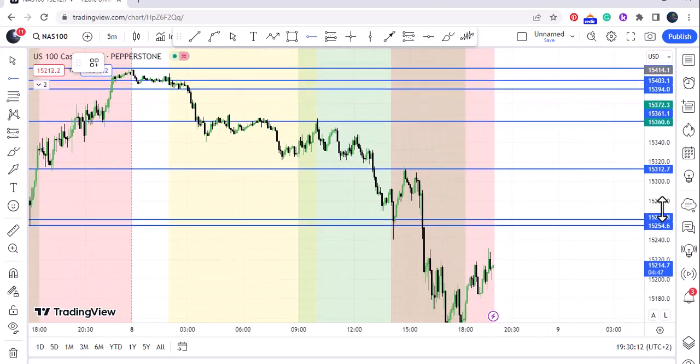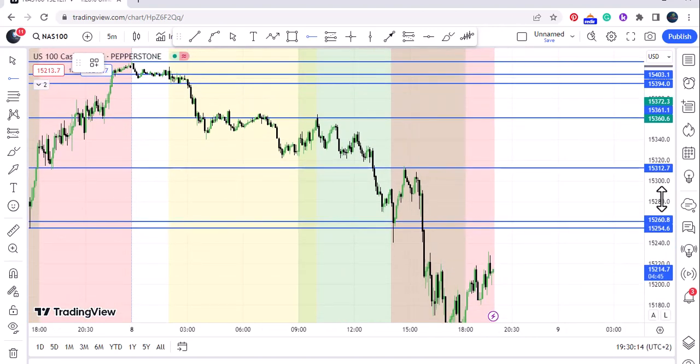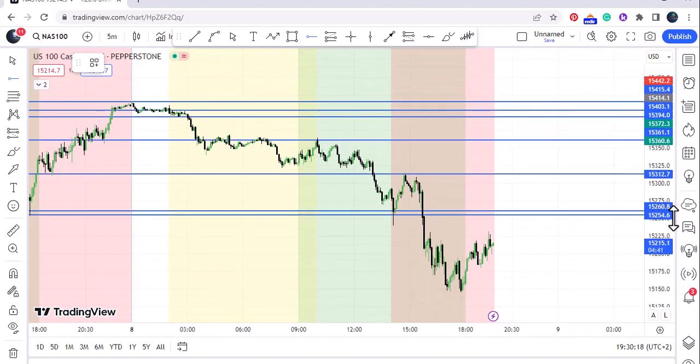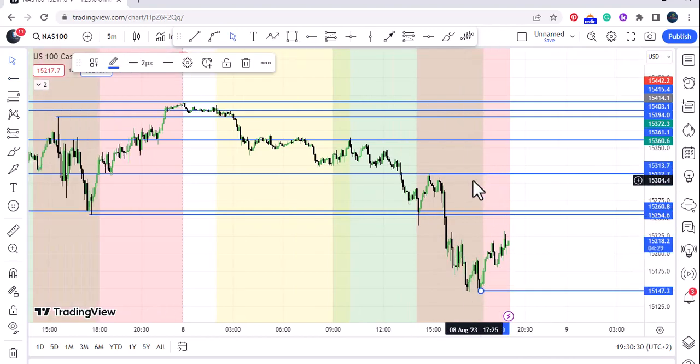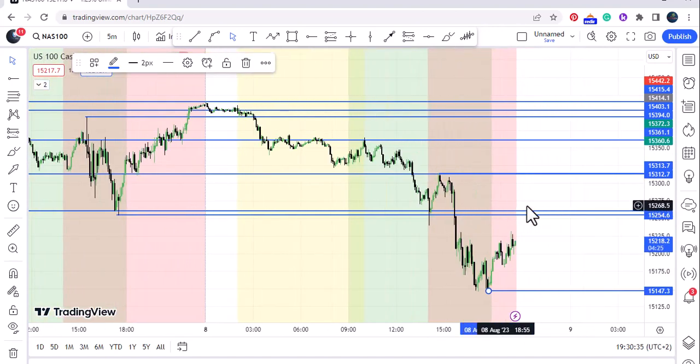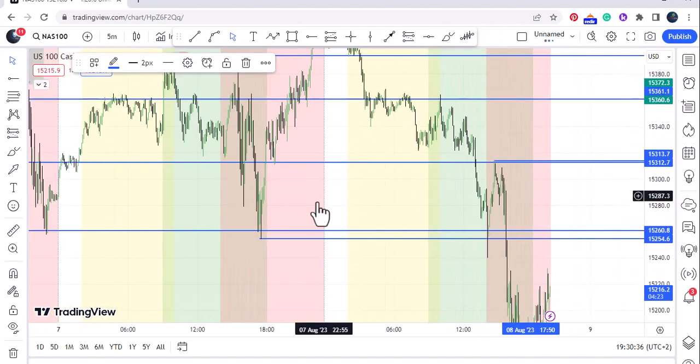The time on my end is 7:30 right now, so price is actually in motion, and it did not break either the high or the low. We are right in the New York session here, and we don't have any break. So it means we don't have any trade on that particular pair.